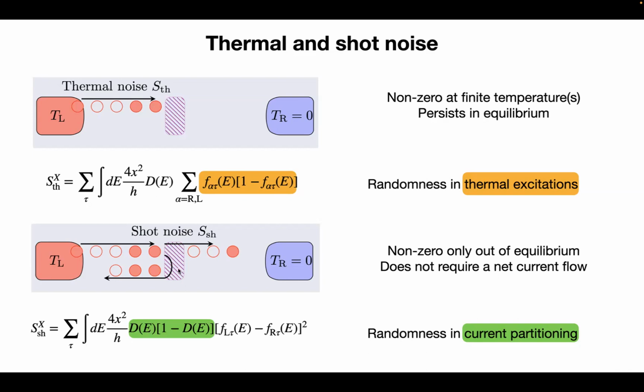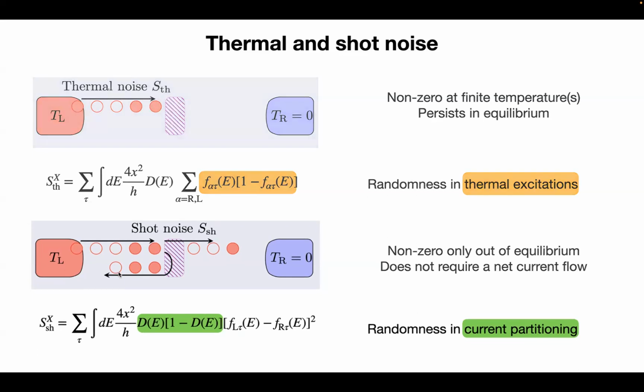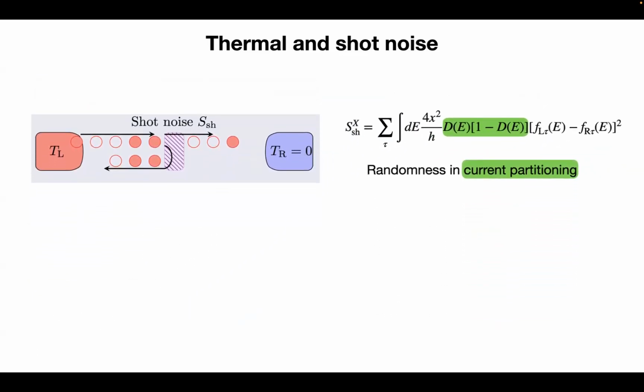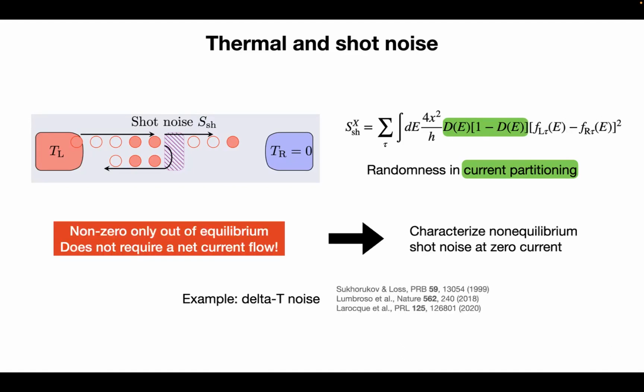It's the probability of being, for example, transmitted times the probability of being reflected. The point is that even if shot noise is usually associated with a current, from the expression you see that what's really needed is just the difference between Fermi functions. So you can achieve this even when the system doesn't support a steady state of current. And this is what we wanted to understand a bit better.